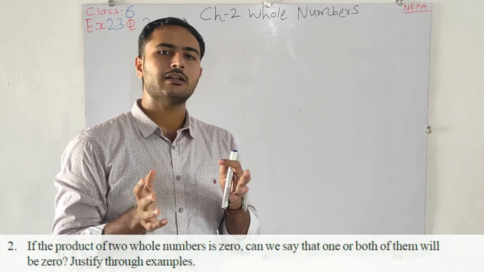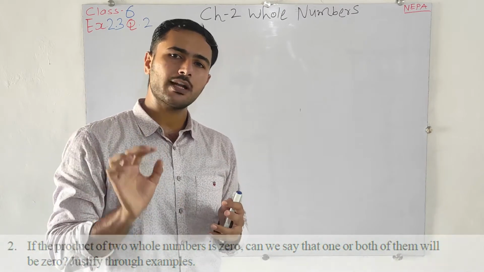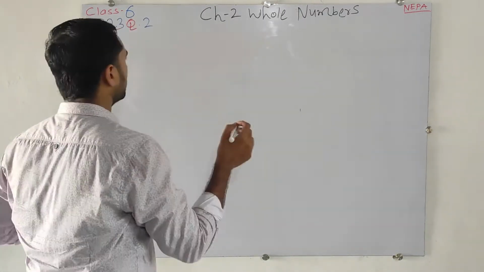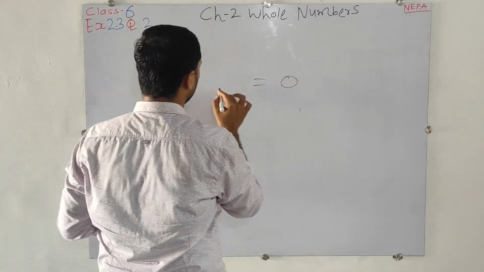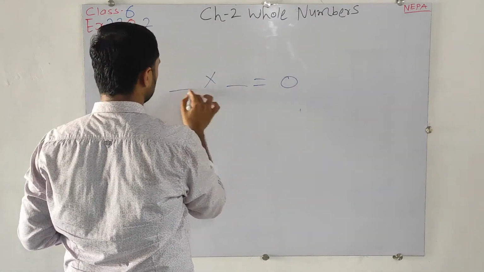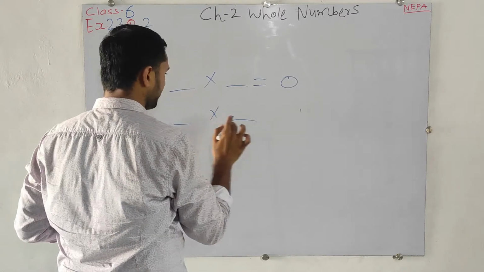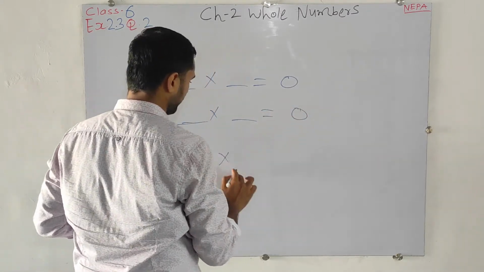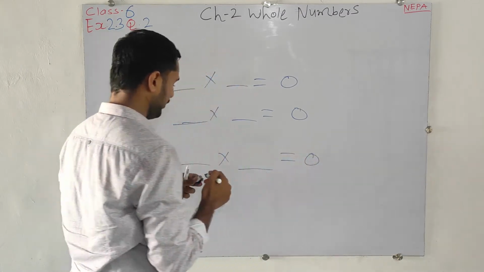Does it mean both numbers or any one number is 0? Okay, let's see. We just have to do the multiplication process, and the answer should be 0.